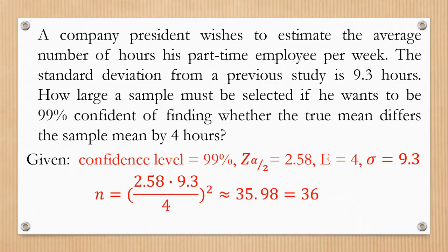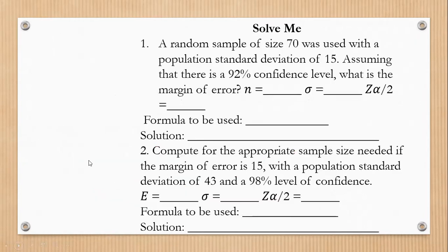Same with the margin of error, the less error you're willing to accept, the bigger the sample size needs to be. But when it comes to confidence level, the more confident you want to be, the bigger the sample size needs to be. Those are the three factors that may affect your sample size.